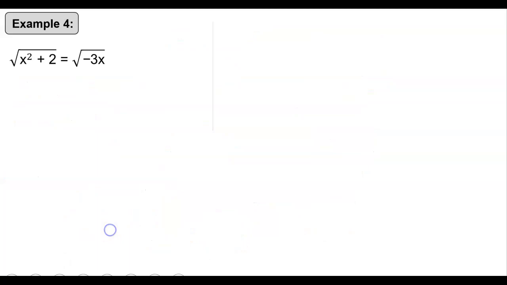Now, if I have a square root on both sides, it's isolated. It's by itself on both sides. How do I get rid of those square roots? Squaring. So if I go ahead and write this down, I square both sides. It's going to cancel out the square root in the square, cancel out the square root in the square.